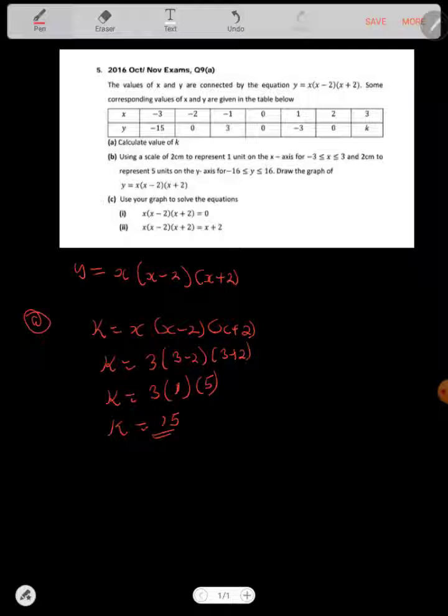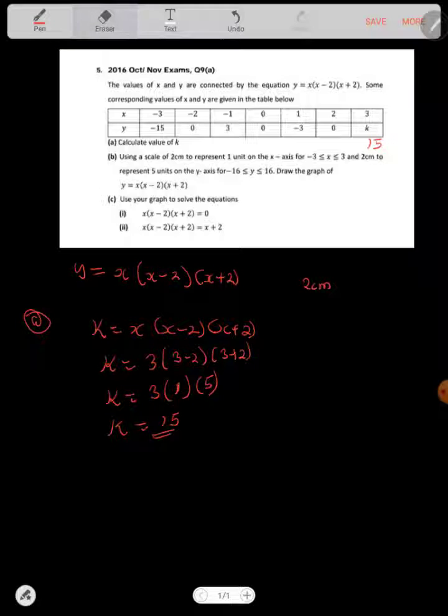Then B says using a scale of 2 centimeters. I'm going to explain here clearly on how to draw. I've already drawn it, so I'm going to explain how to draw it. Using a scale of 2 centimeters to represent 1 unit on the x-axis. So let me just do a sketch. We know that the value of k here is 15.